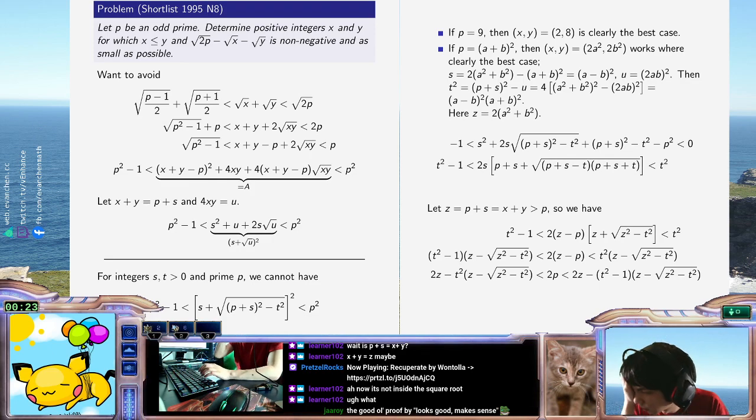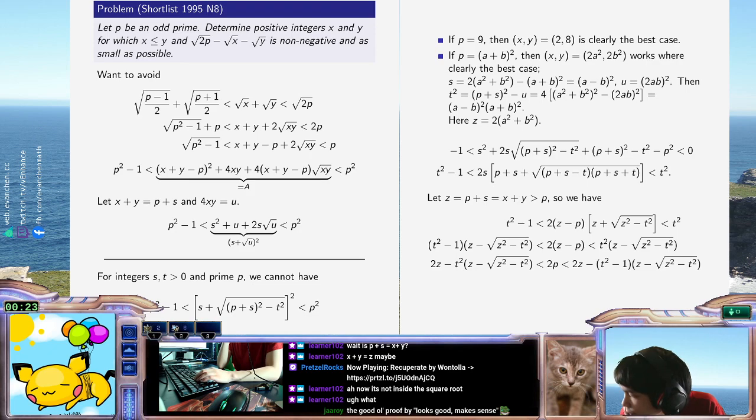Oh, Jesus. I feel like I messed up. This wasn't 2p, so z squared minus... I dropped a 4.